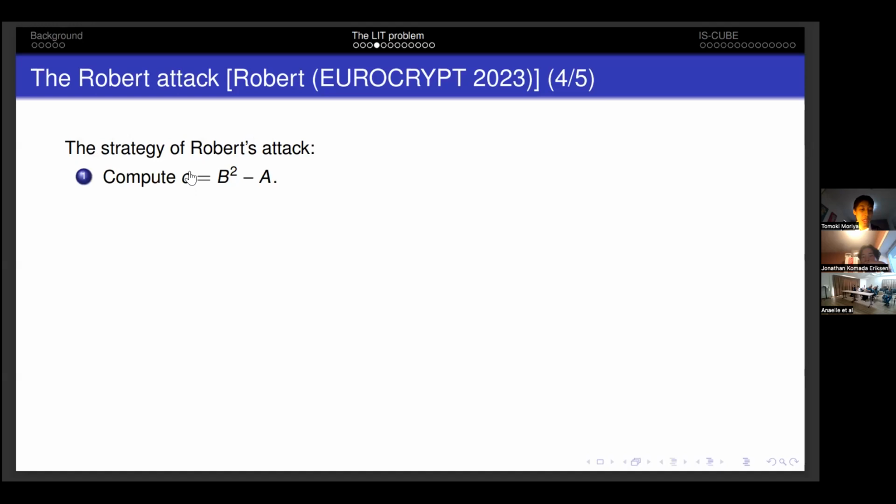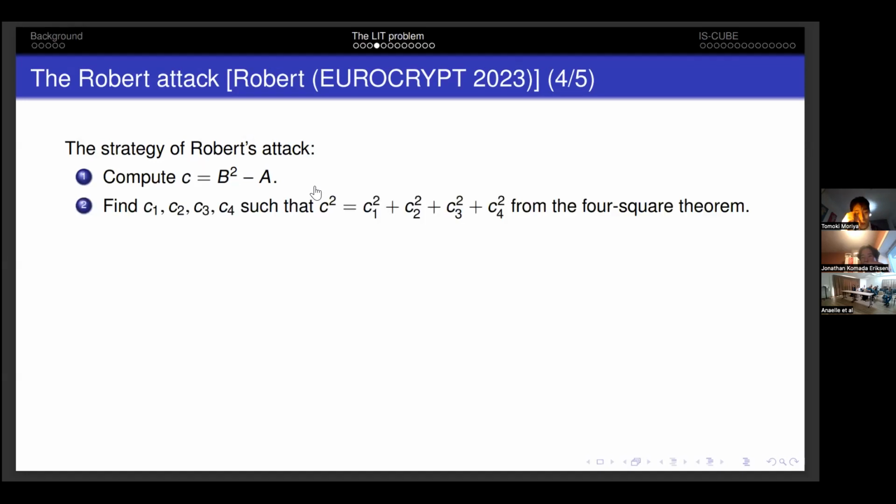Okay, next I'll talk about the strategy of Robert's attack. First, we compute the integer c defined by B squared minus A. And next, we find four integers, c1, c2, c3, c4, such that c squared equals c1 squared plus c2 squared plus c3 squared plus c4 squared. We can compute these four integers by using the four square theorem.